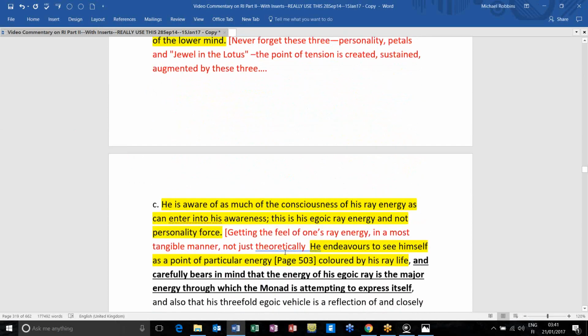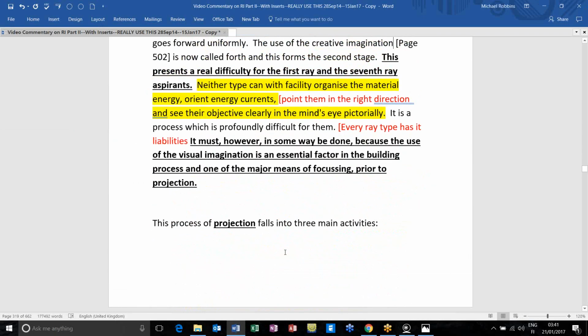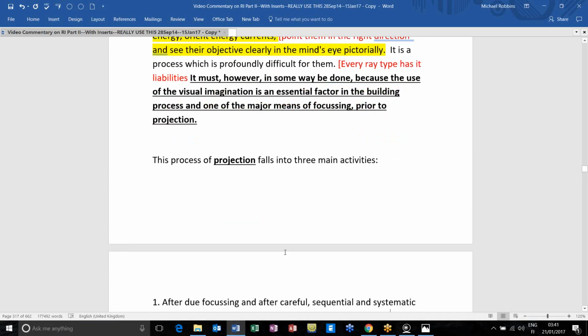Okay, so what do we have here so far? What have we been looking at? The process of projection is falling into three main activities.